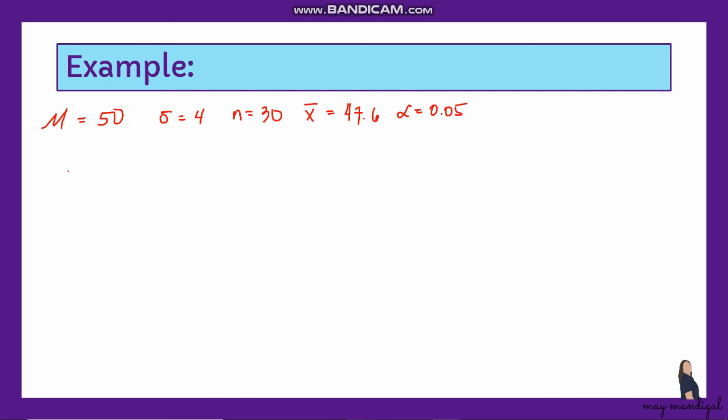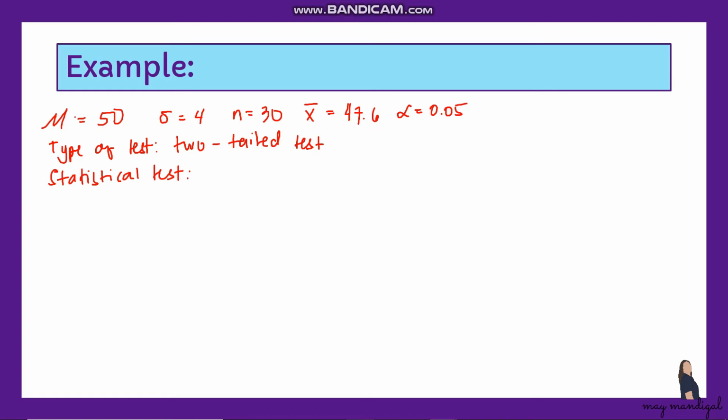Next thing that we have to do is to identify the type of test, the statistical test, and also the critical value. So let's write type of test. Since in our alternative hypothesis we use the not equal symbol, that means this is a two-tailed test. And then for our statistical test, let's check.